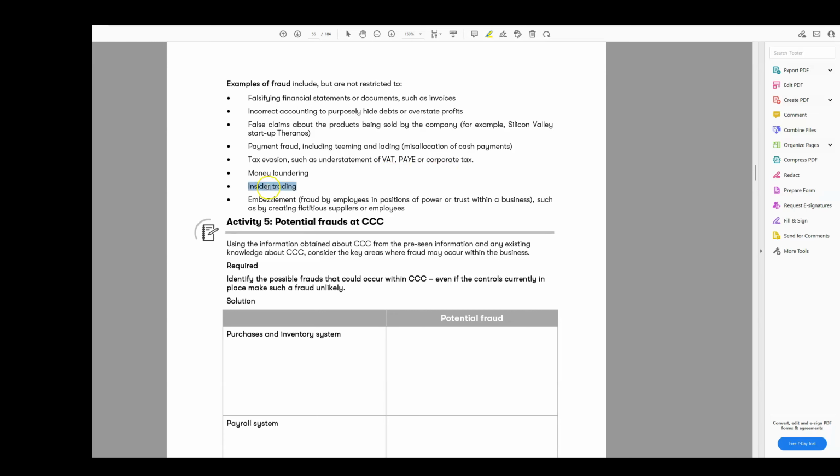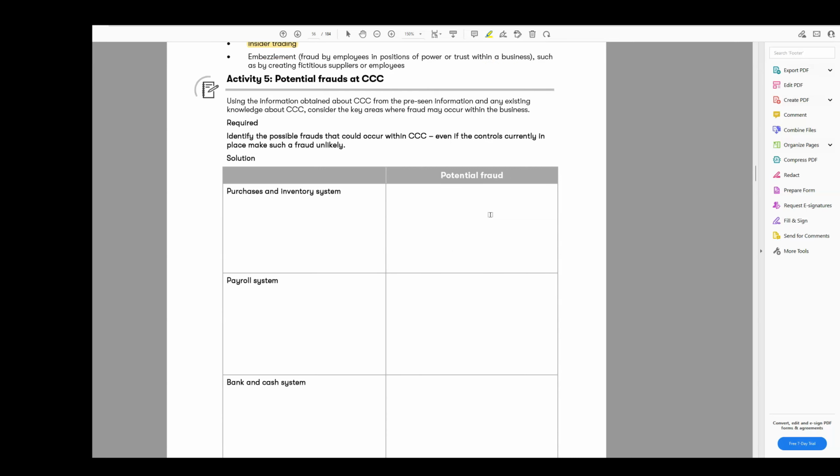Insider trading is when you know inside information and you tell outside people to take advantage of that. And we have embezzlement, fraud by an employee in a position of power or trust within the business, such as by creating fictitious suppliers or employees. So this is basically the common examples of fraud.